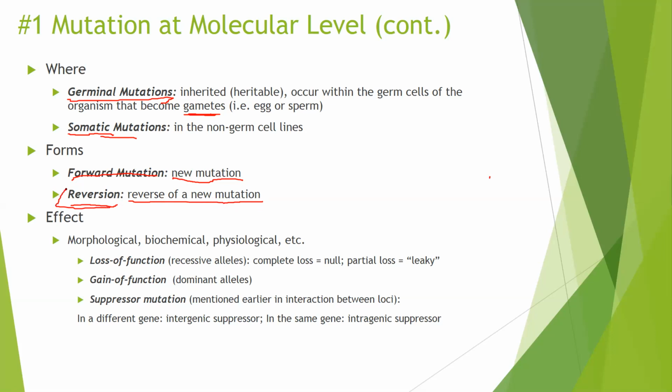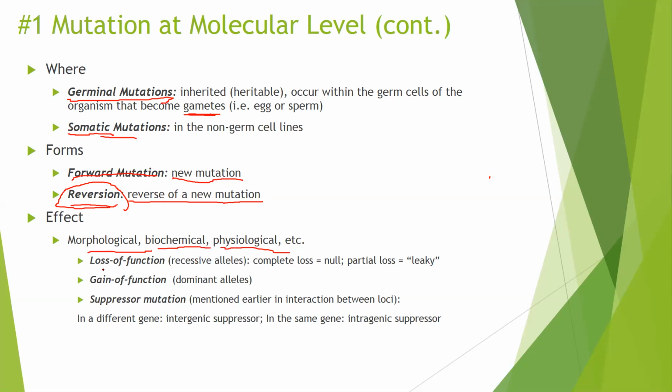So this mutation will be called the reversion mutation, and the mutation can have different kinds of effect on the organism. Either a morphological change, or a biochemical change, or a physiological change.